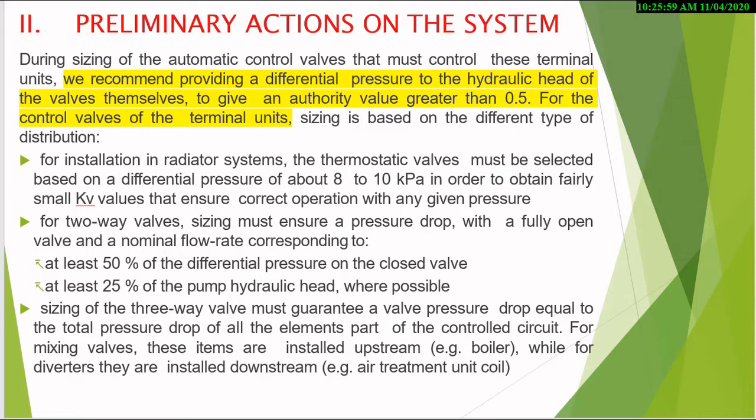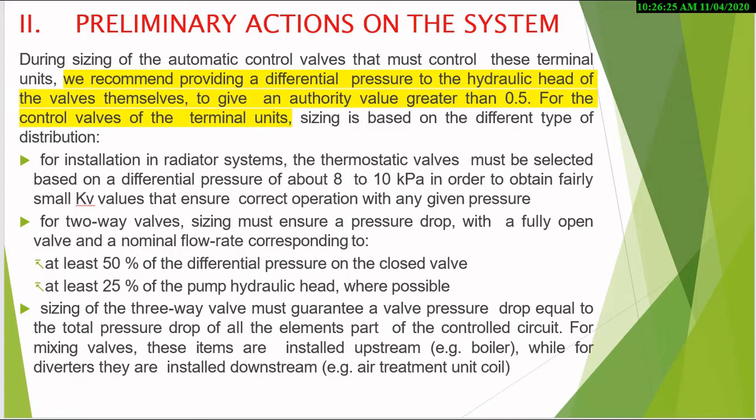Sizing is based on the different type of distribution. For installation in radiator systems, the thermostatic valve must be selected based on the differential pressure of about 8 to 10 kilopascal in order to obtain fairly small kV values that ensure correct operation with any given pressure.